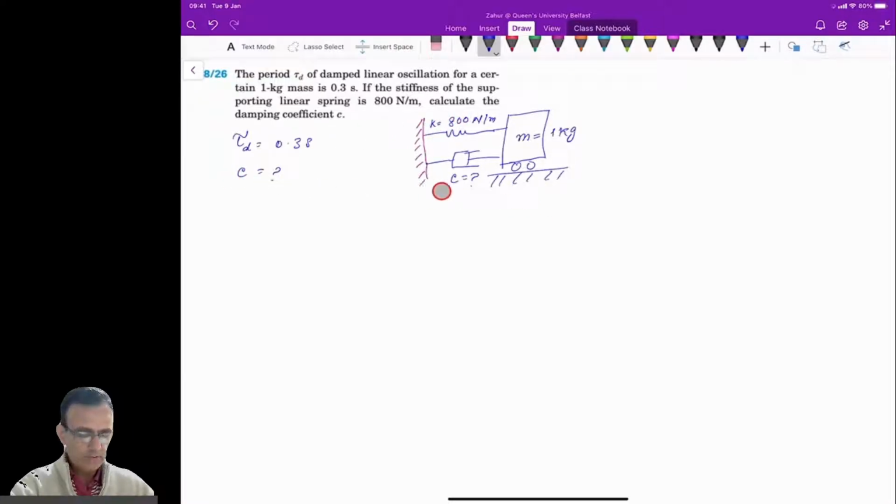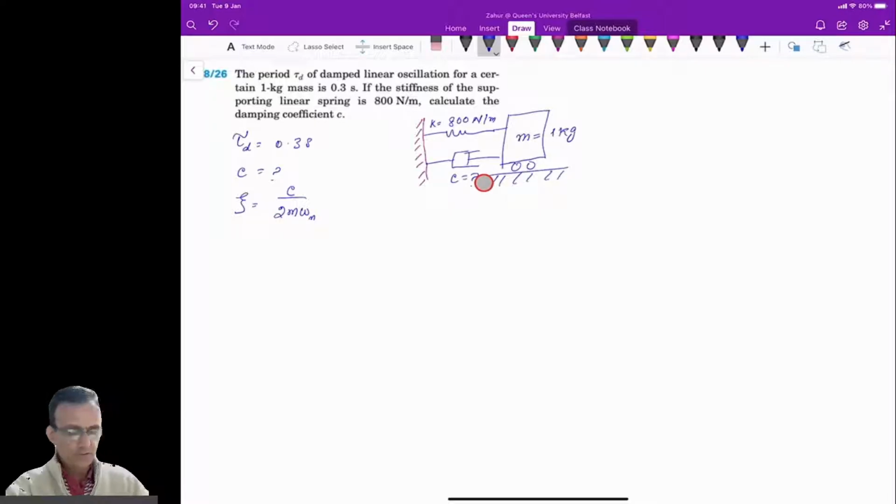Okay, so in this case, it's a damped free vibration example. We know that zeta is equal to C divided by 2m omega n.